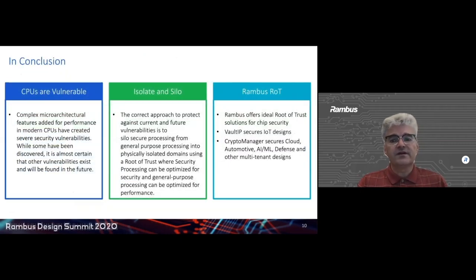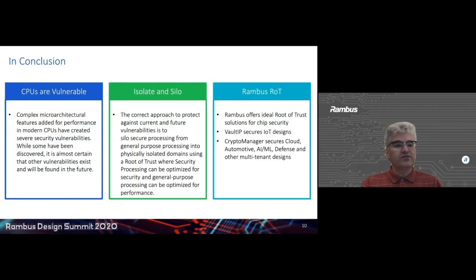In conclusion, let's wrap this up. We know that CPUs are vulnerable. All these complex microarchitectural features that are added for performance have created and revealed severe security vulnerabilities. You should not trust the CPUs to run your valuable security applications, or to protect your assets.